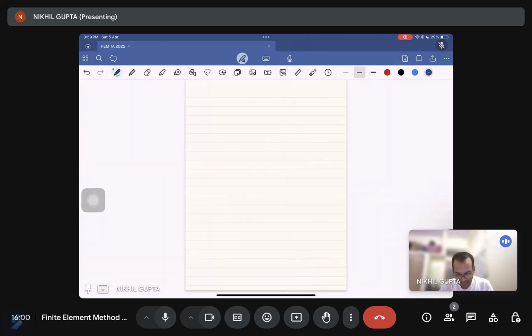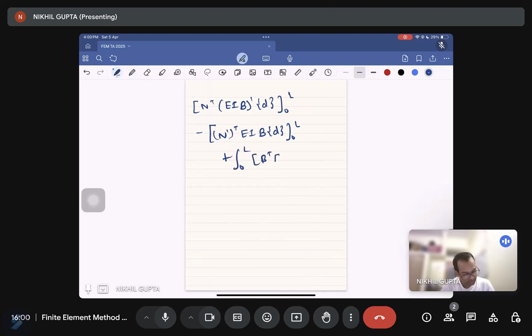So that will become N transpose EI B' d from 0 to L, minus N' transpose EI B from 0 to L, plus the integral from 0 to L of B transpose EI B dx.